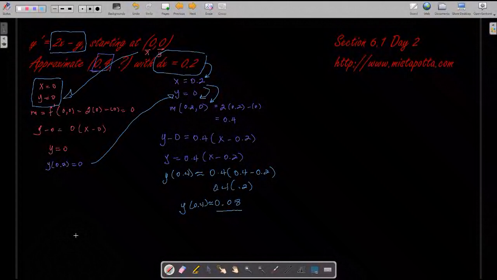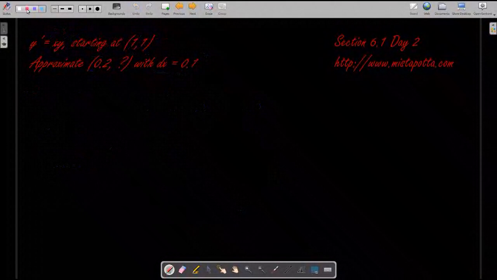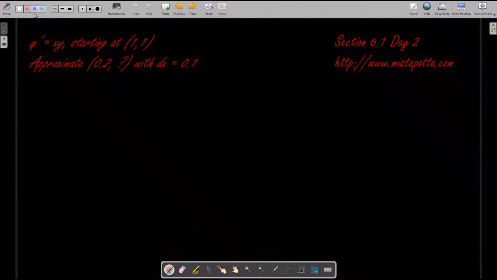So I want to do one more example of this. I want to take a look at this differential equation. Y prime equals xy, starting at 1, 1. And I want to approximate 1.2 with delta x being equal to 0.1.